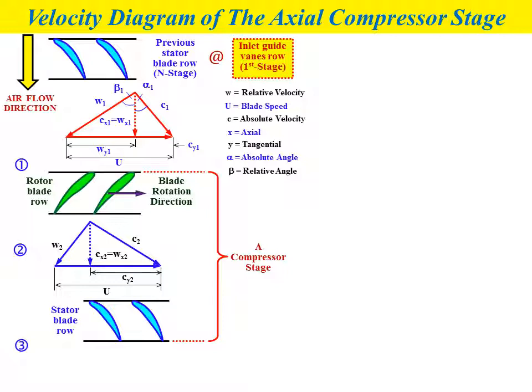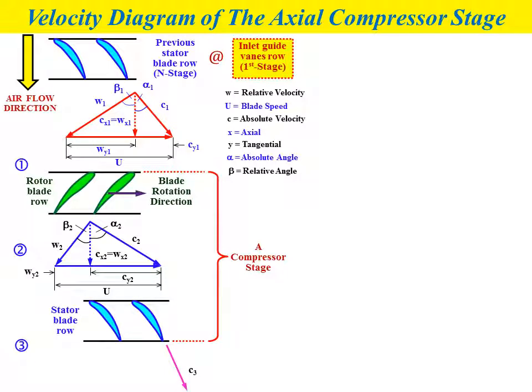Cy2 represents the y component for C2, and Wy2 is the y component for W2. The relative flow angle for W2 is represented by beta 2, and the absolute flow angle for C2 by alpha 2.